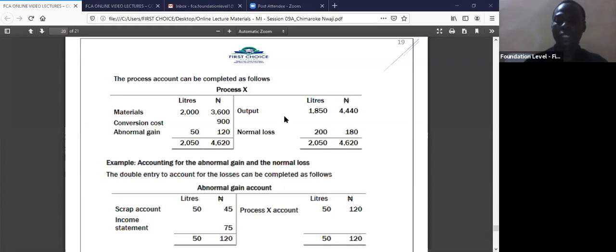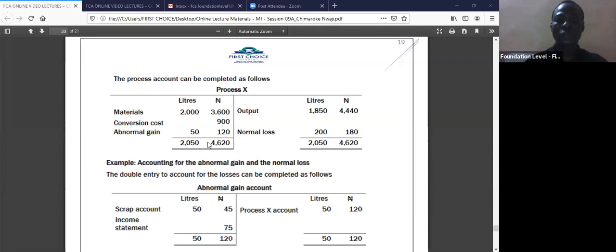Not only is it a balancing figure, it is also the figure that we use when we are apportioning our good costs.